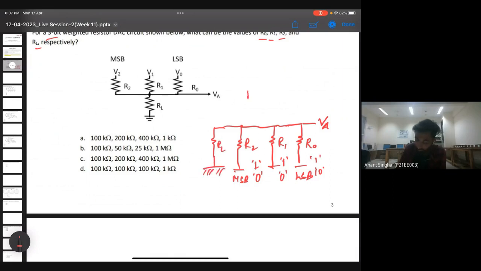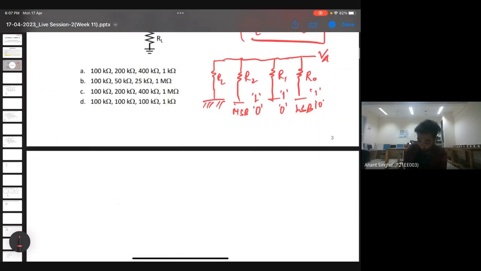In general, this RL value is very high as compared to these resistors. It is approximately three times higher in magnitude than R0.